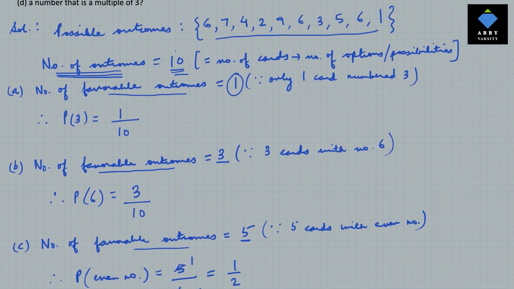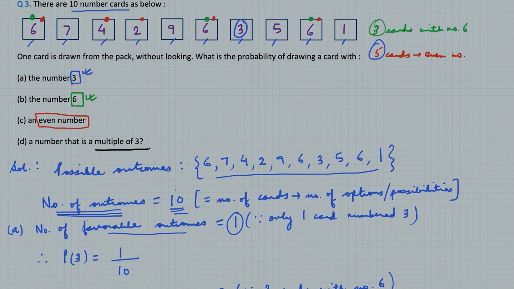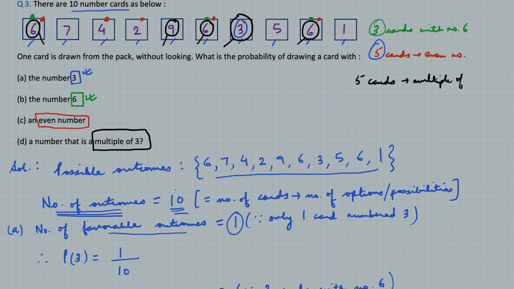Part D. The event in this case is getting a card with a number that is a multiple of 3. How many cards have a multiple of 3 on them? We see that we have the cards with numbers 6, 9, 6, 3 and 6 as circled in black. So there are 5 such cards.